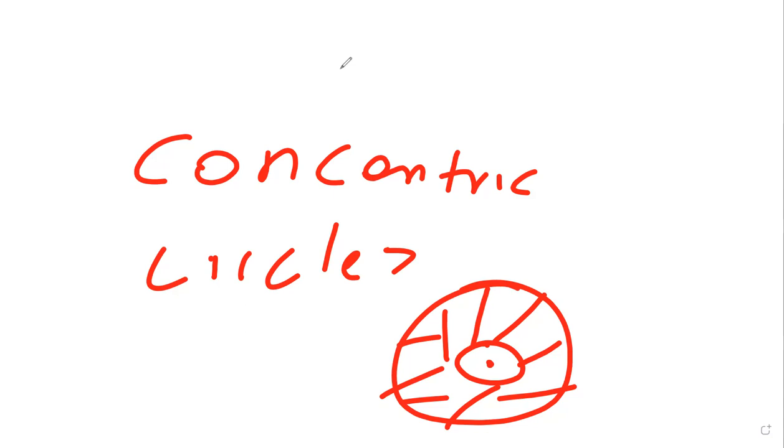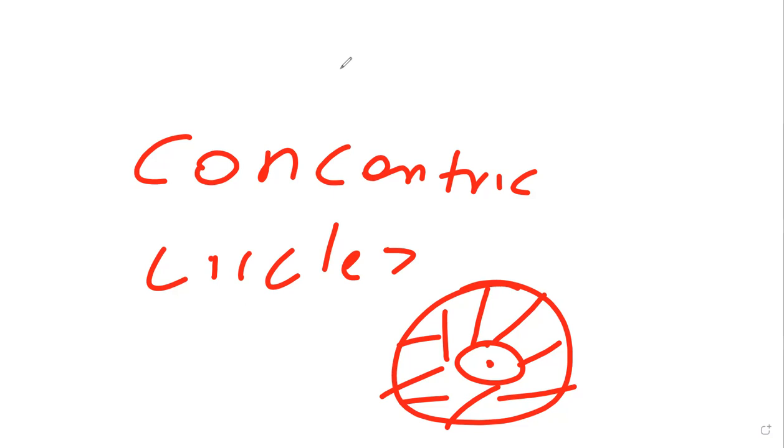But we want to give our answer in terms of pi, the exact value. So we don't want to calculate pi in our answer. Pi should be visible in your answer.